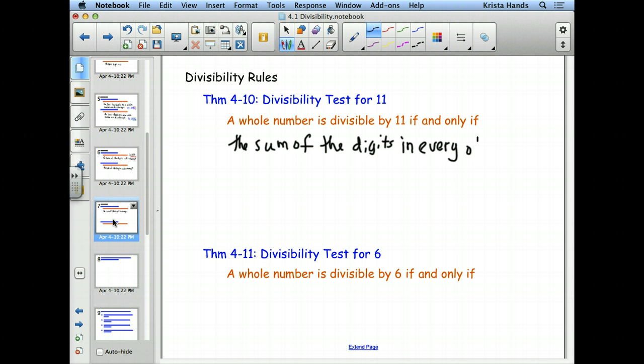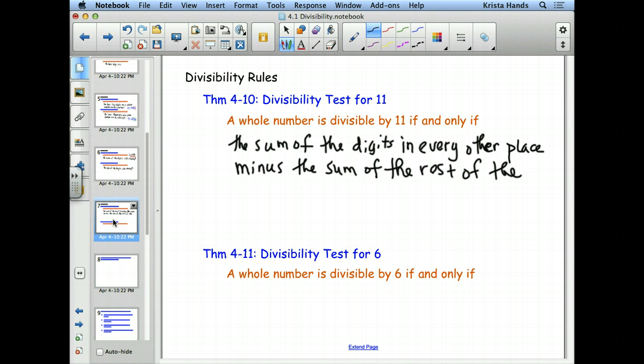In every other place minus the sum of the rest of the digits is divisible by 11.